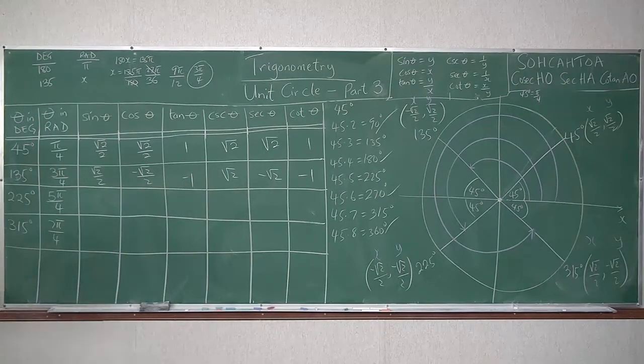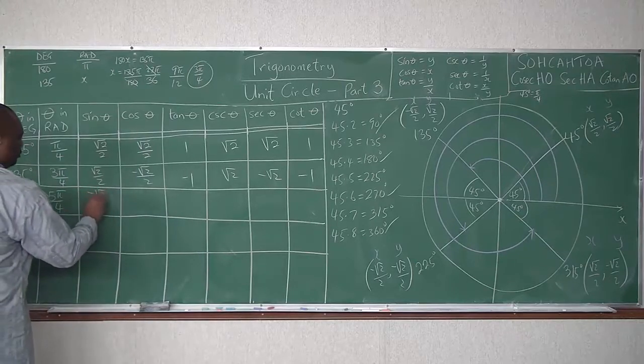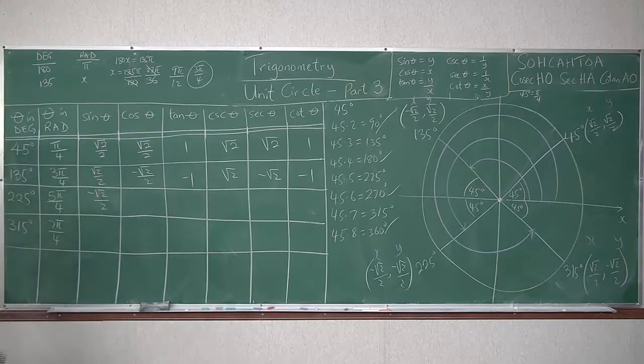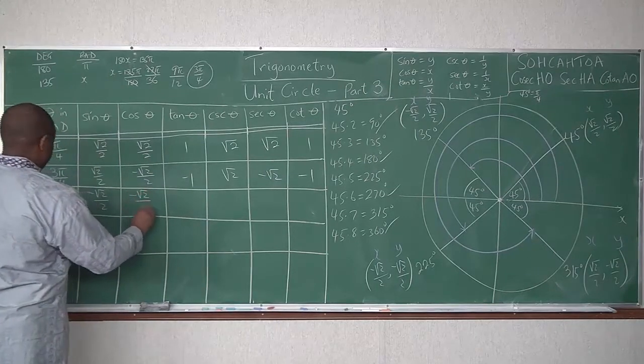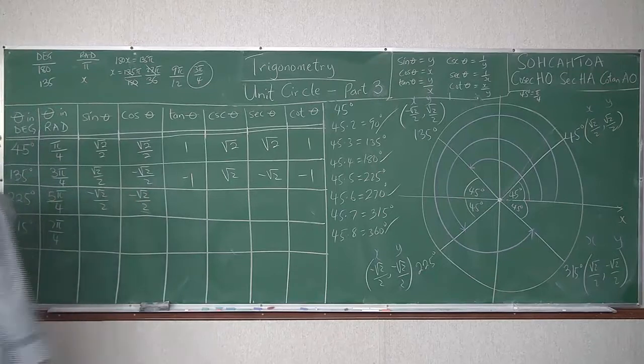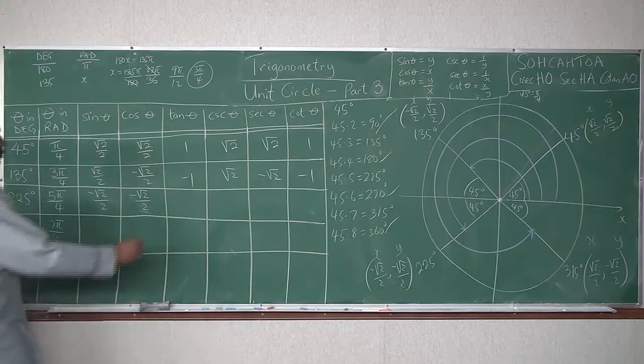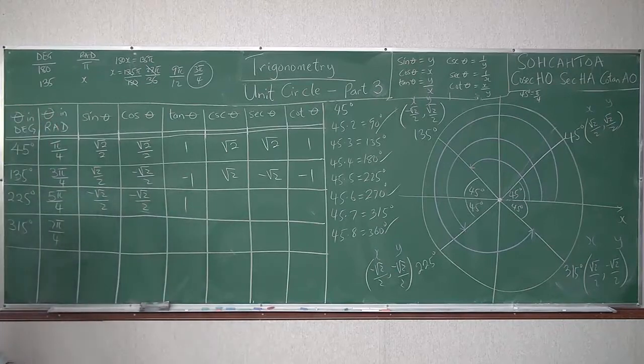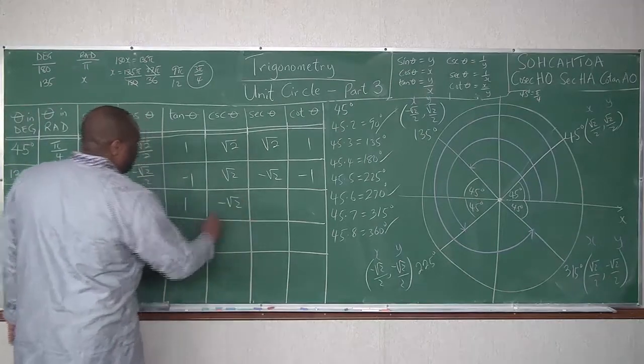Okay? Now for 225, sine 225 is y. This is negative root 2 over 2. Cos 225 is x. Negative root 2 over 2. Tan 225, of course, negative divided by negative is positive 1. Cosec is 1 over y. This will be negative root 2.